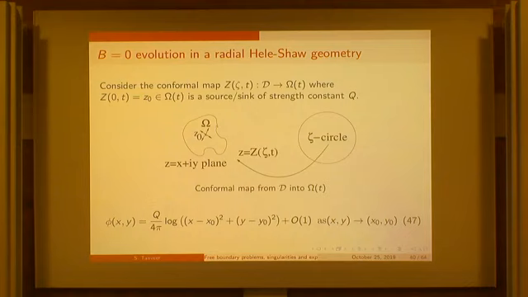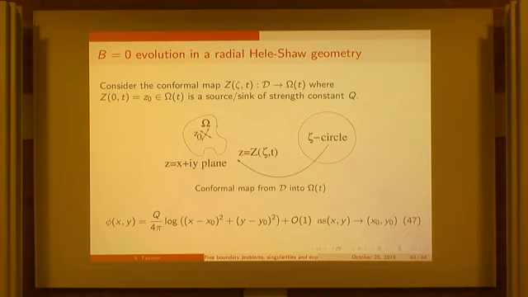But let's say we consider the simplest case, and we want to look at the conformal map that sends the origin in the zeta plane, in a disk, into the point where you have a source or a sink. By the way, the theory accommodates multiple sources and sinks, but we are actually just concentrating on one.